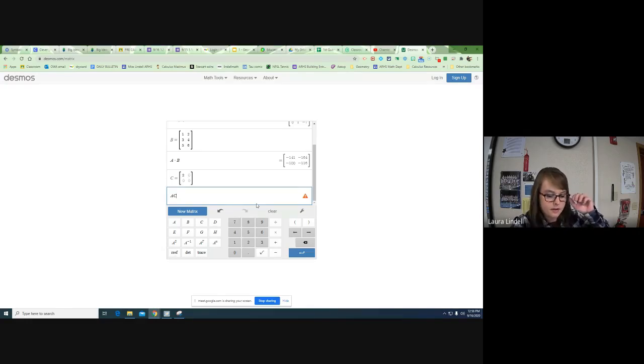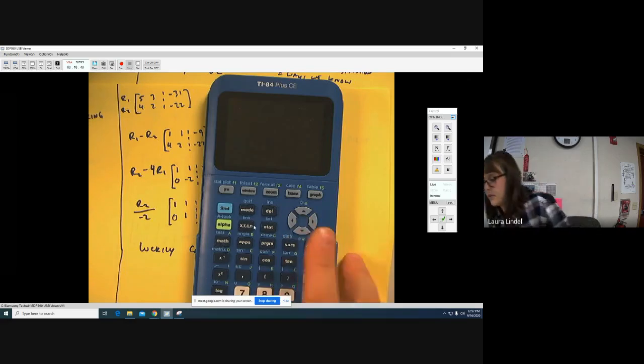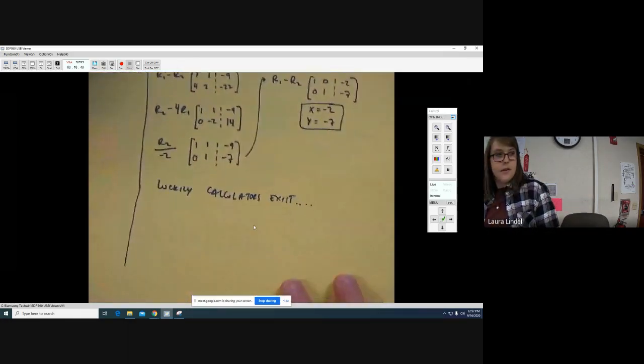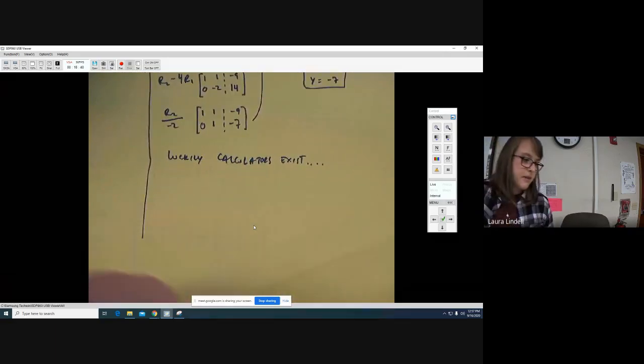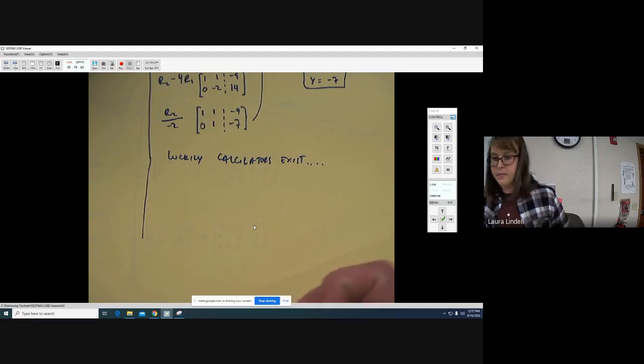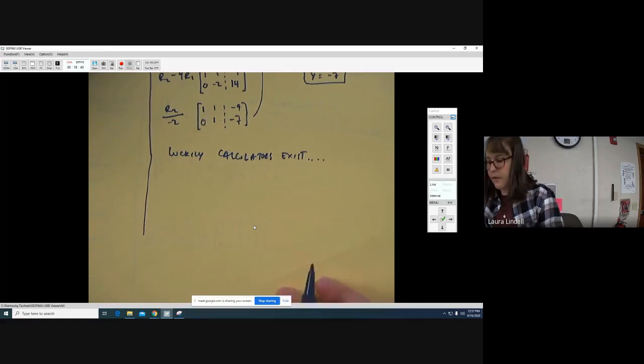Okay. So let's see. Let's try a few examples. You can use whichever calculator you're comfortable using. We're going to do some examples that involve longer equations. So here we go.